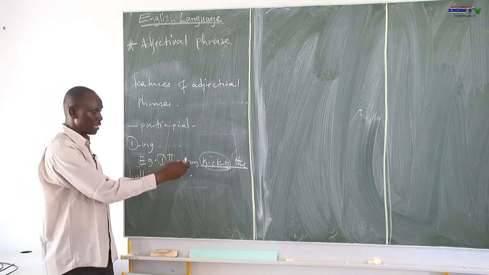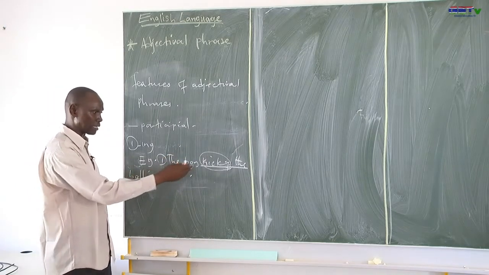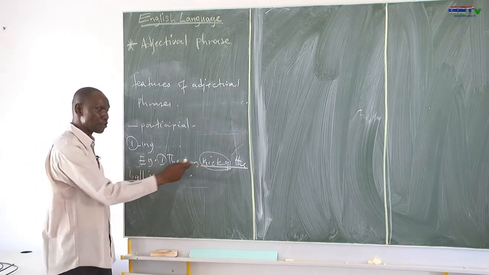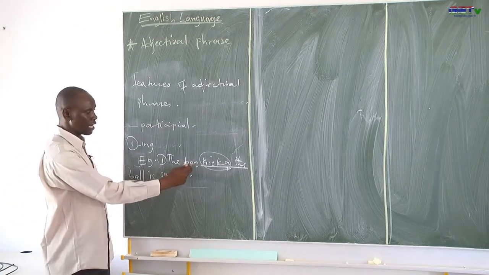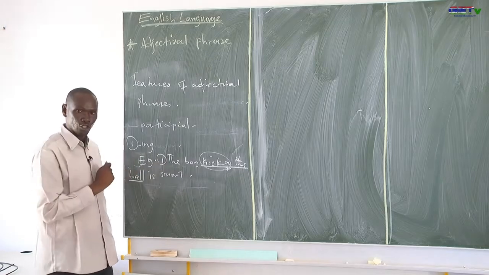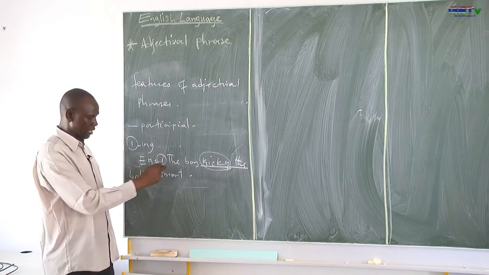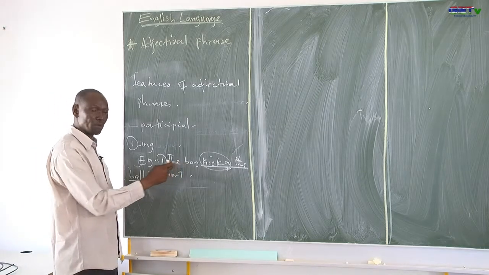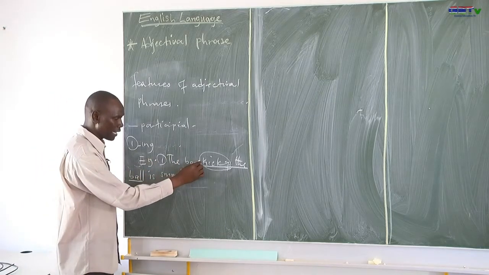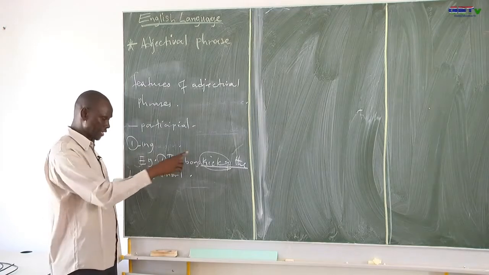So therefore, the boy kicking the ball is smart. Kicking the ball here, apart from kicking, there's no other verb, and that makes it to be called a phrase. Because if you change the subject, let's change the subject and see. The boy kicking the ball is smart. Let's change the subject from singular to plural by adding "s": the boys kicking the ball.